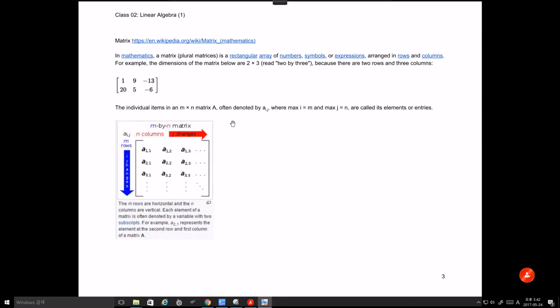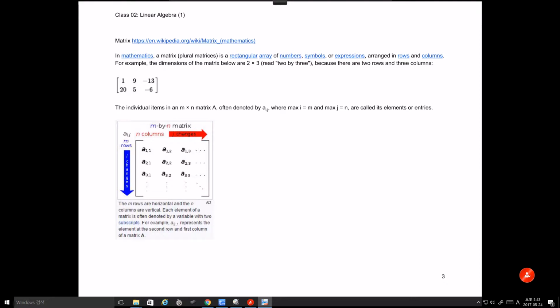The individual item in an m by n matrix A, in which there are m rows and n columns, is denoted by a_ij, where the max of i equals m, of course, because there are only m rows, and the max of j is n, because there are n columns.